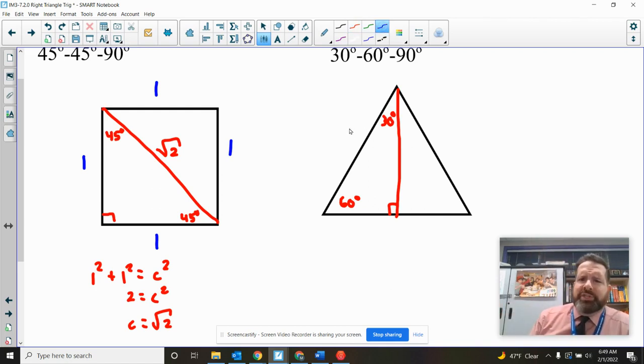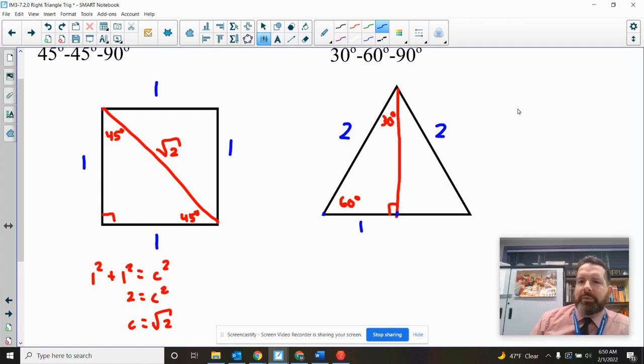Now let's look at the side ratios. Just for right now, I'm going to call all the side lengths 2. And I think you'll see why I do that here in a minute. Because if we take a 2, and if you split it right down the middle, that means that just this half of it has a length of 1. So in a 30-60-90 triangle, the hypotenuse is always twice as long as the shortest leg.